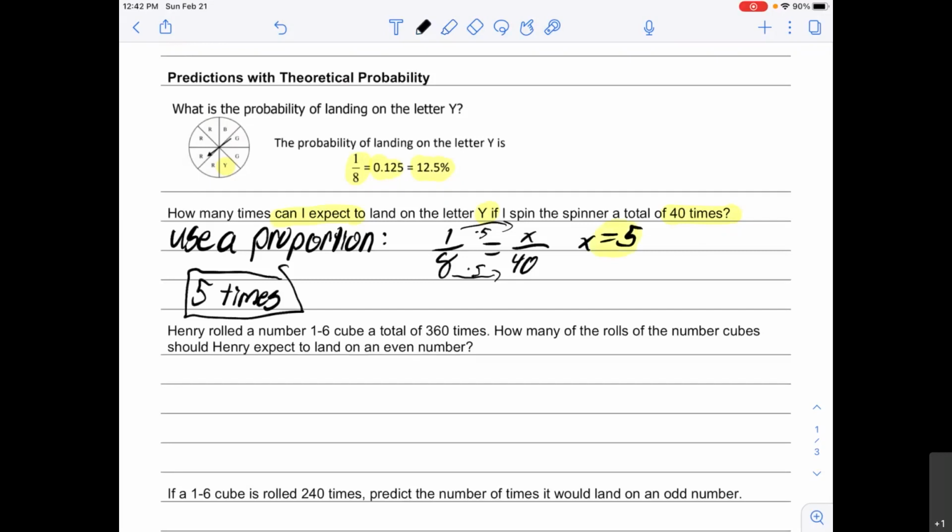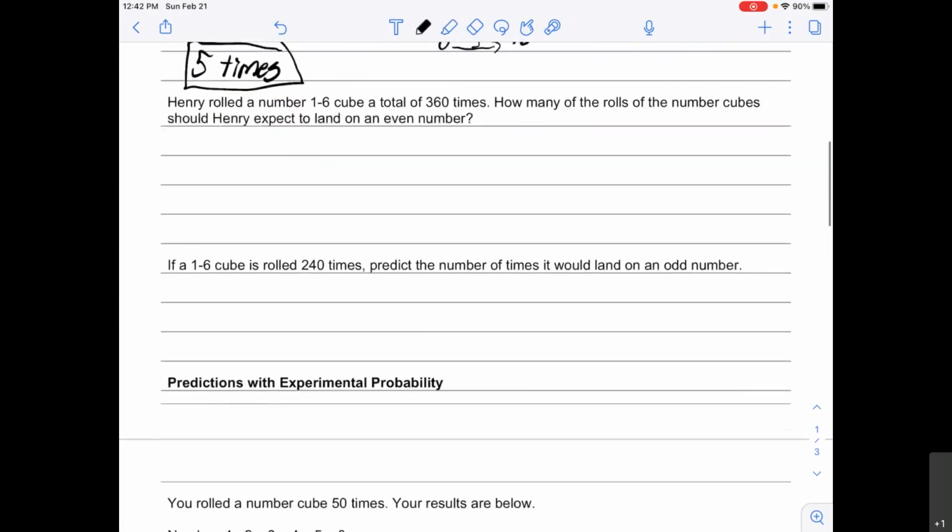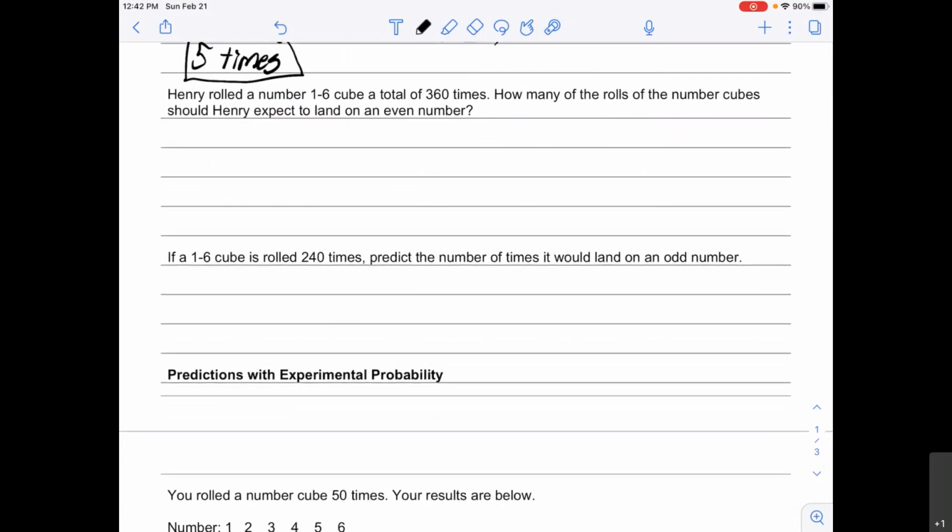In Schoology, you'll just put the number 5. But it's important that we know what this means. If I spun the spinner 40 times, I would expect to get the letter Y 5 times. Okay, let's look at a couple more problems and see a couple more ways this could work.